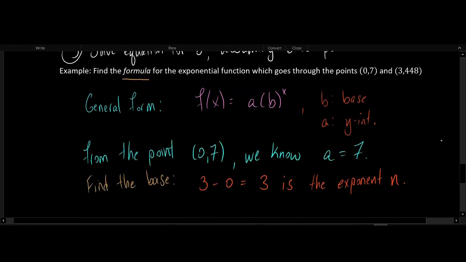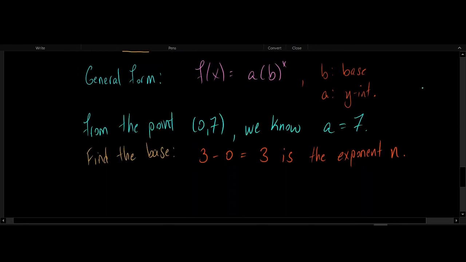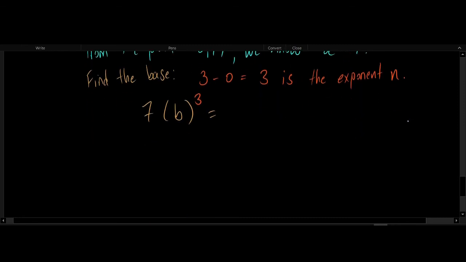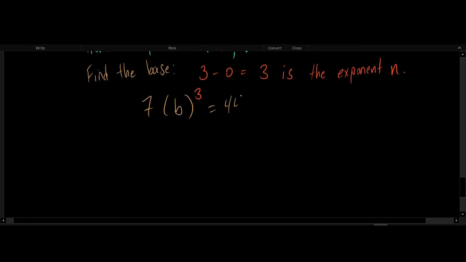So our first y value is 7. 7 multiplied by b 3 times in total results in the final value of y equals 448. All right, so let's clean this up. Let's get rid of that multiplied 7 by dividing by 7.